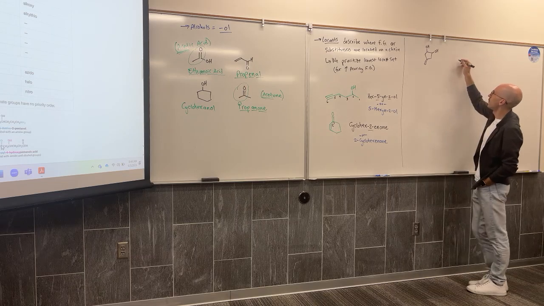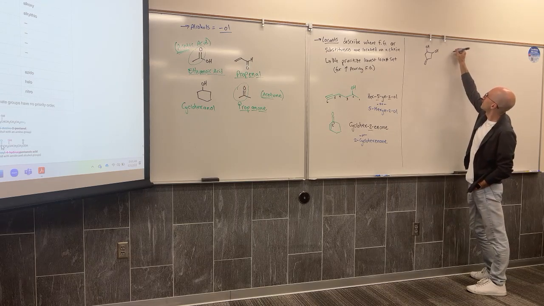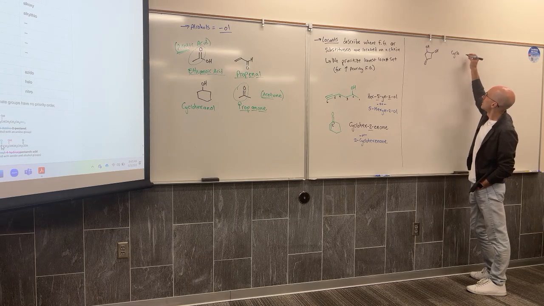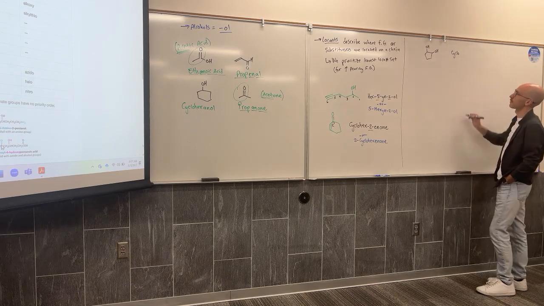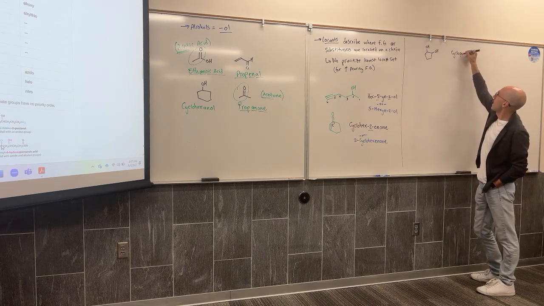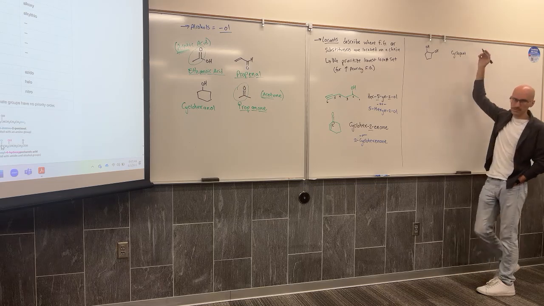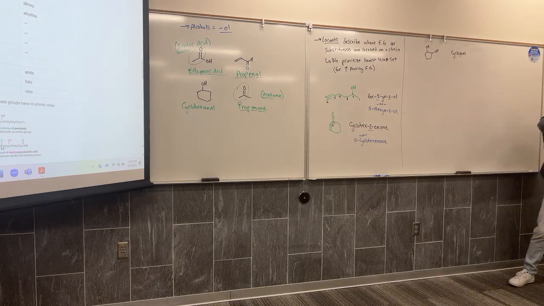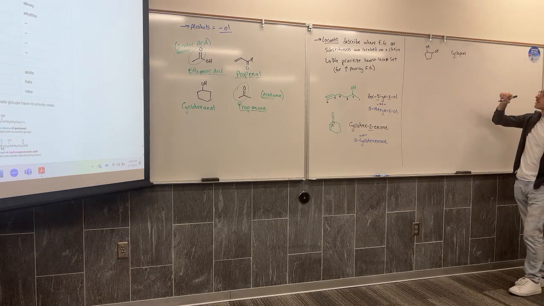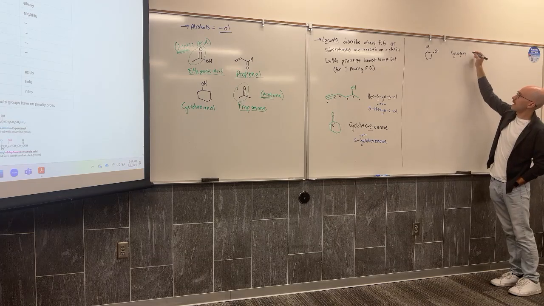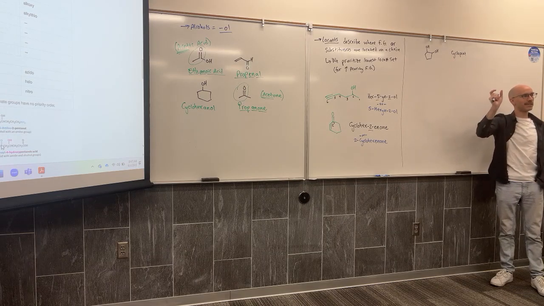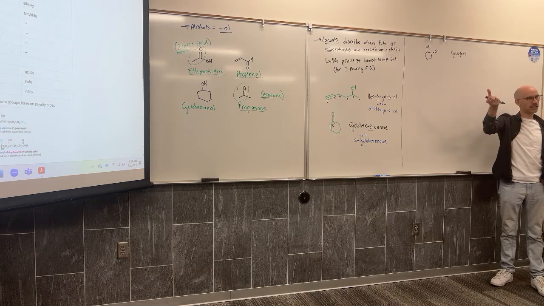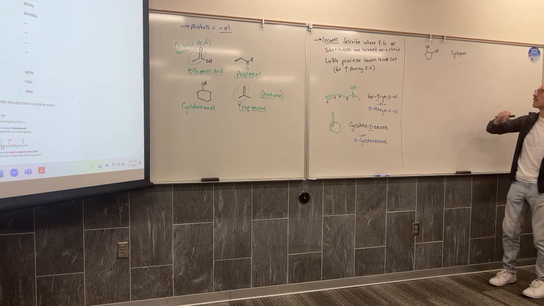So this compound would best be called, oh no, I'm going to modify this. It's just going to be a 5-membered ring. Cyclopent. And then I've got 2 alcohols, which means I'm going to have to describe the suffix as not just OL for alcohol, but diol. I'm going to have to change the suffix to have a multiplier in it.